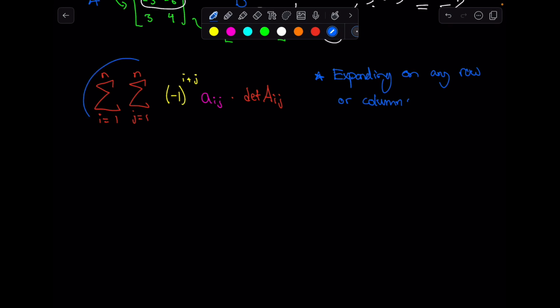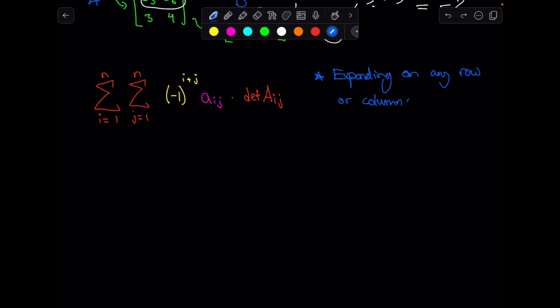So there are two summations here now, which basically just means that we would scan all of the rows and all of the columns of our matrix, and if you are on the first row or the first column, whichever you decide to do, you're going to run through the same process. You'll notice that this follows our plus minus pattern.